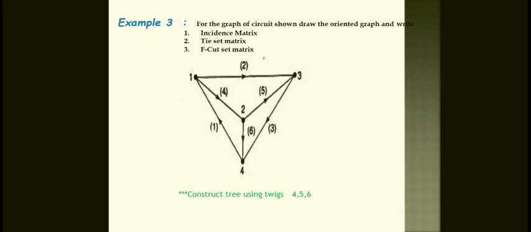Current 1 is a forward current, so 1, and 2 is irrelevant, 3 is a forward current, 4 is irrelevant, 5 is a reverse current, 6 is a reverse current, and 7 is a forward current. So this is the tie set matrix for the given network, which is indicated by B, as you already know.